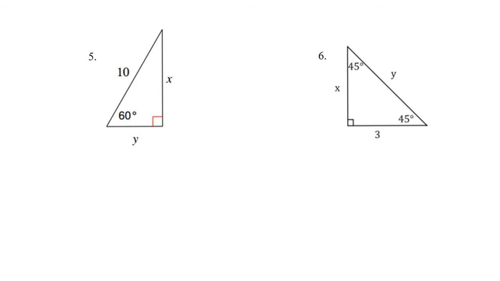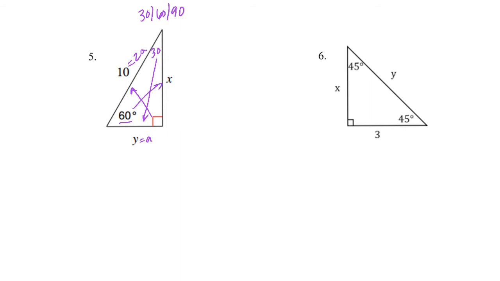All right, looking at these triangles, we have a 30, 60, 90 for number 5. Because we have the 60-degree angle on the bottom, which means there's a 30-degree angle on the top. Across from the 30 is going to be A. Across from the 90 is 2A. Oof, that was terrible writing. 2A.